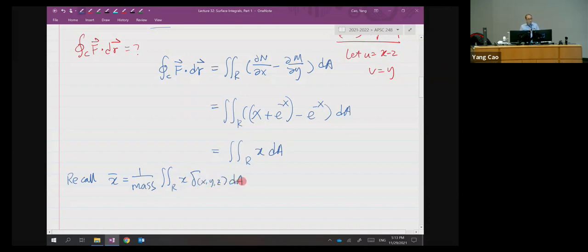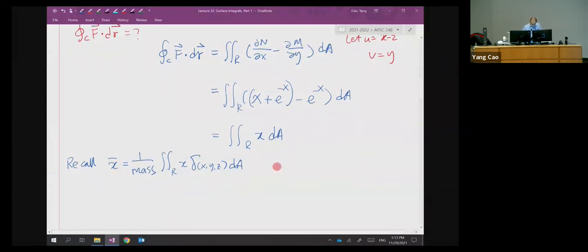So this is the formula for calculating the center of mass, just the x component of the center of mass. Okay. So if you let delta equal to 1, then this formula becomes x bar equal to 1 over, instead of mass, it actually becomes just the area of the region R, and then integrate over R, x dA.